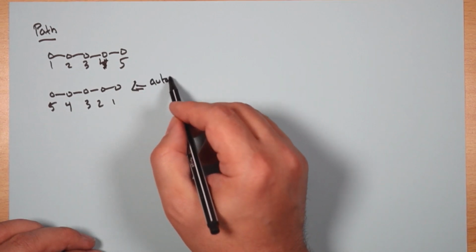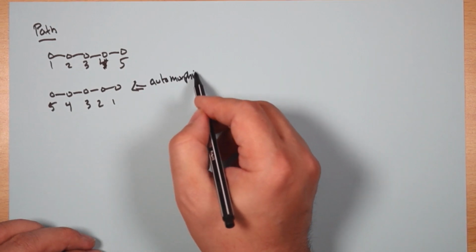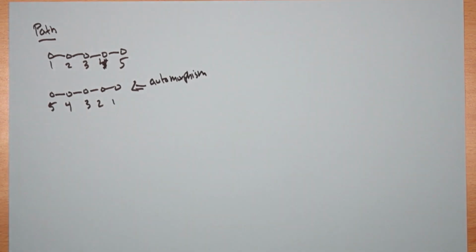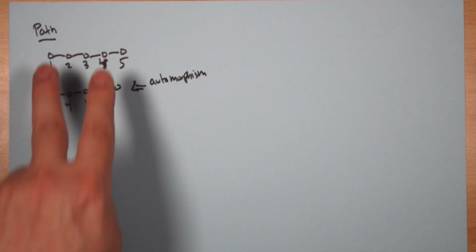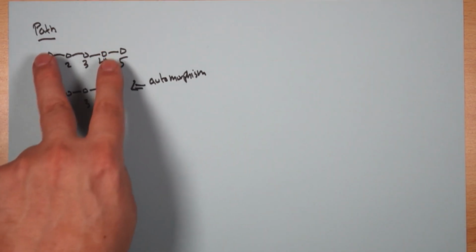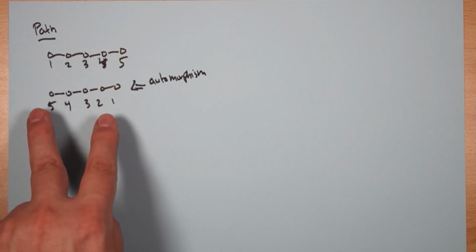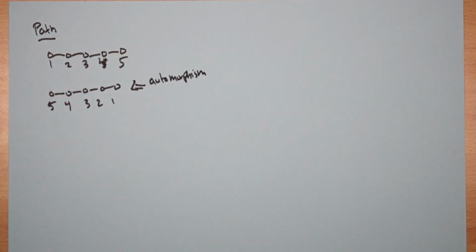And notice that this automorphism has order 2, which is to say, if you do the same step that got you from there to there a second time, you'd get back to where you started. So to say an automorphism has order 2 means that in 2 steps, if you did the same action, you'd get back to where you started. Now there's a nice corollary.